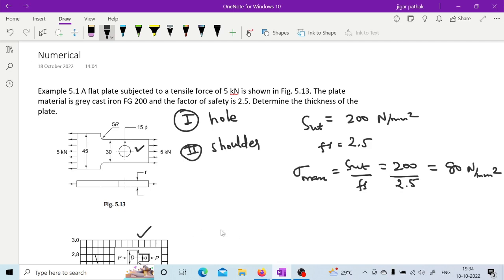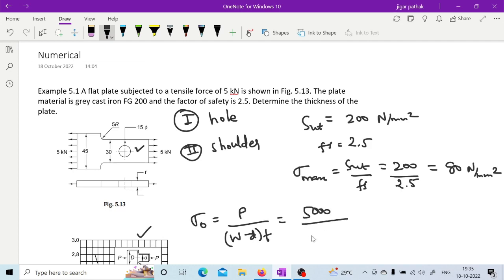One is at the hole and the other is at the shoulder. If you consider the hole, then sigma naught is given by P by (W minus d) into t. P is 5000, that is 5 kilonewton.